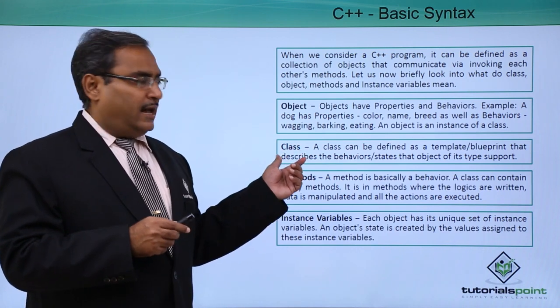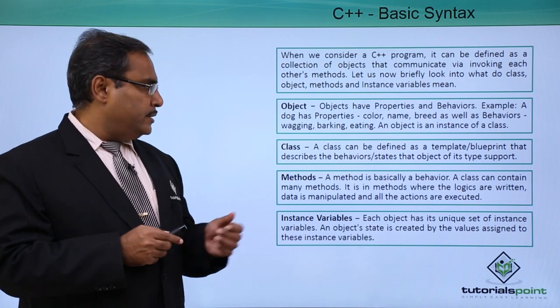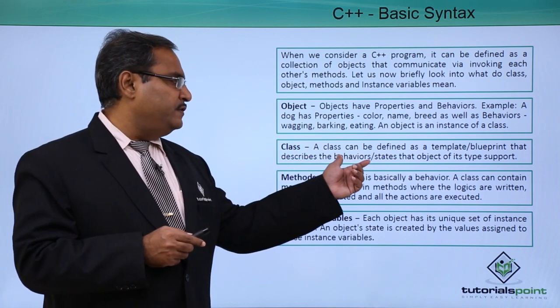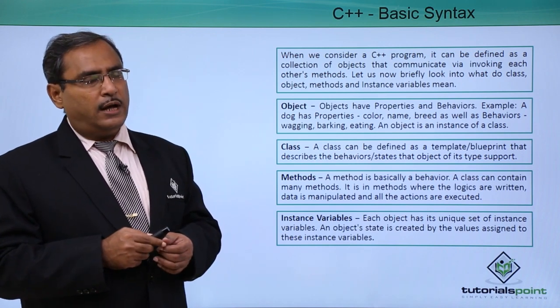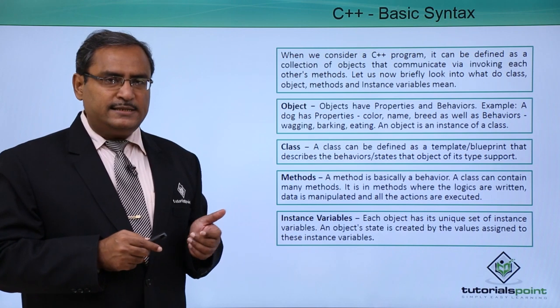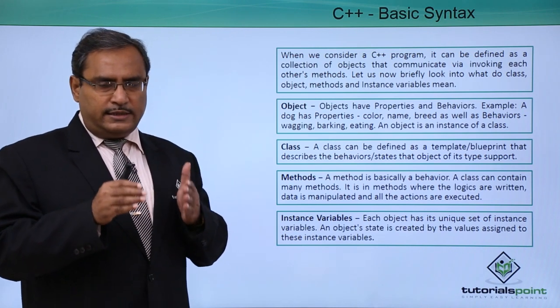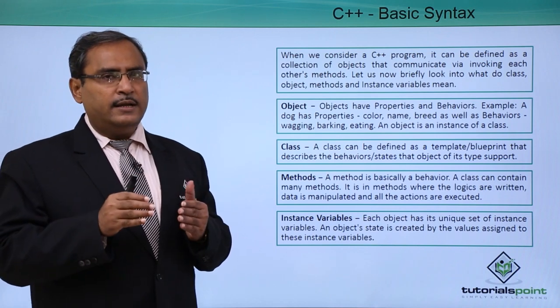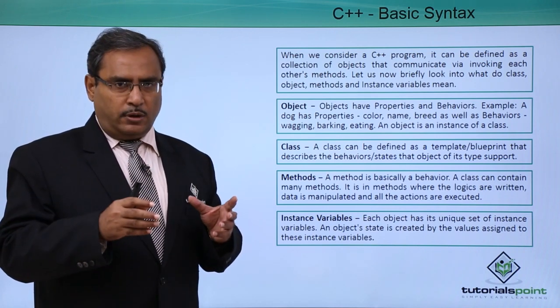We know what a class is. A class can be defined as a template or blueprint that describes the behavior and states that objects of its type will support, and that is known as a class. So an object is nothing but an instance of a class. Whenever we discuss the word instance, it means that some memory space is getting allocated during the runtime of the code.